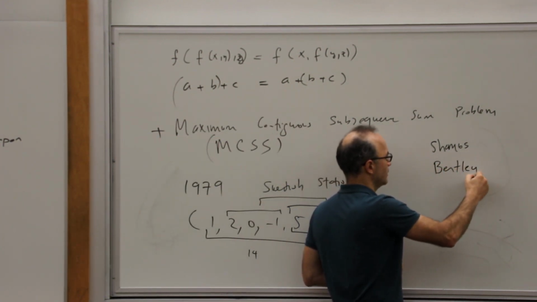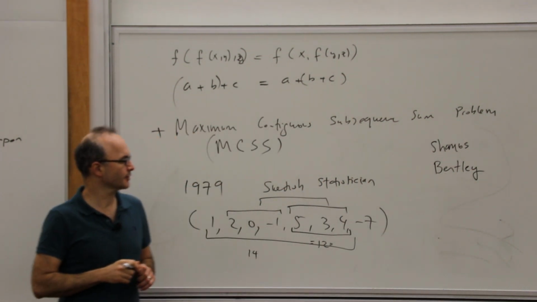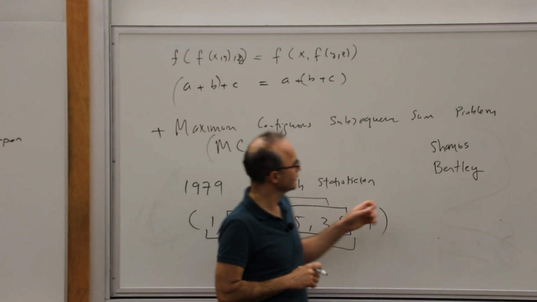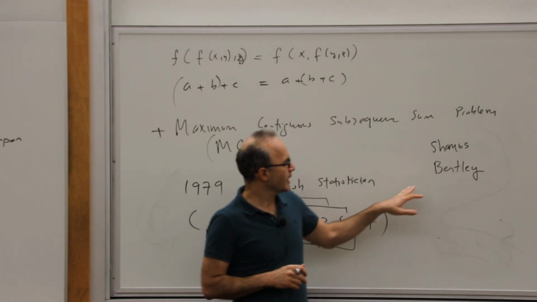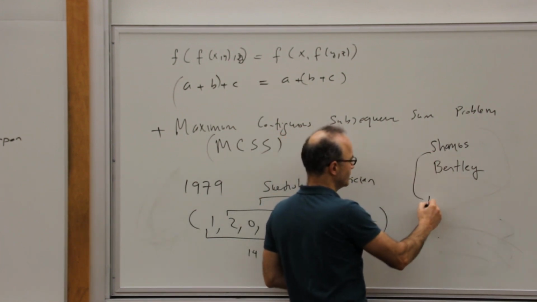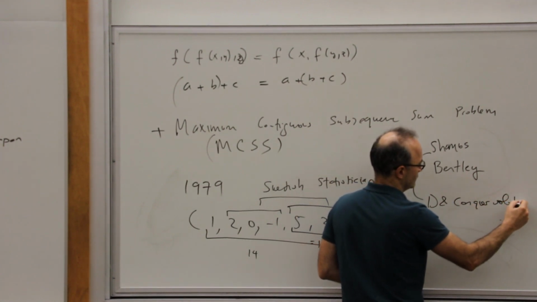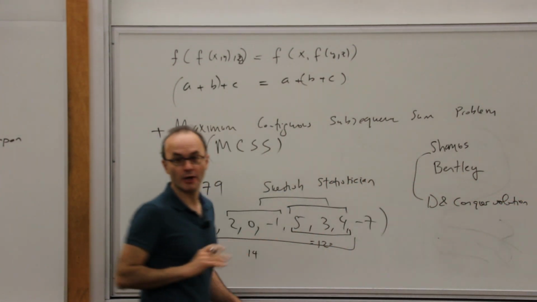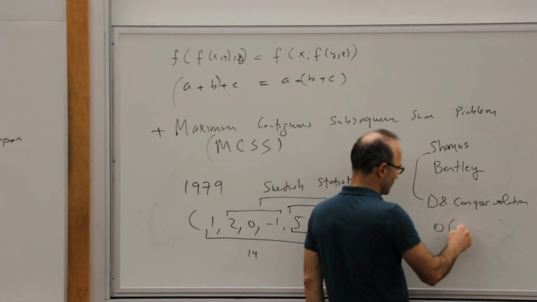Bentley is a pretty well-known algorithms researcher. He also used to be a faculty member at Carnegie Mellon. And Shamos devised a divide and conquer solution. But his solution was not work efficient, it turned out. His solution was order, I think, n log n.